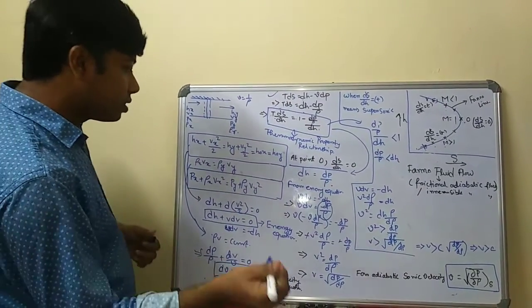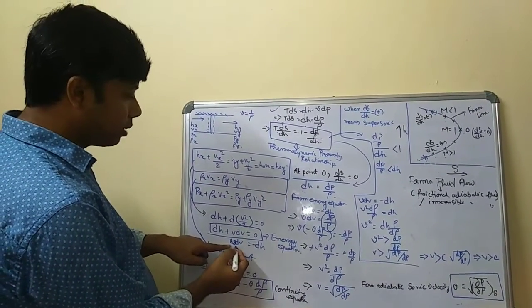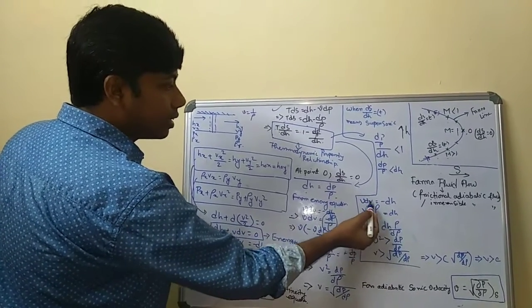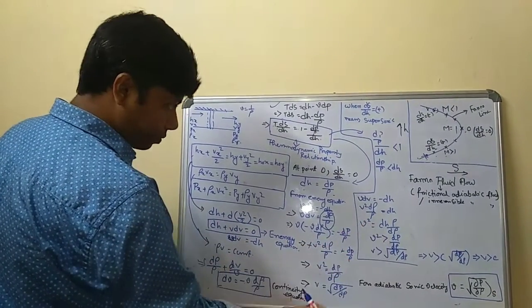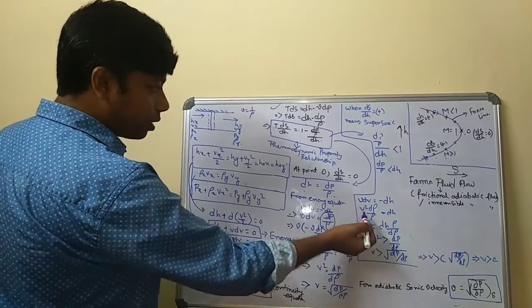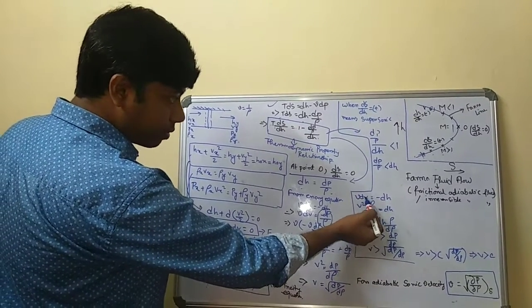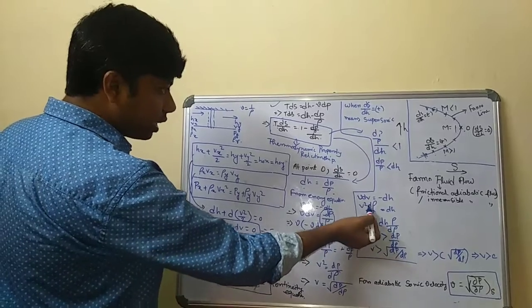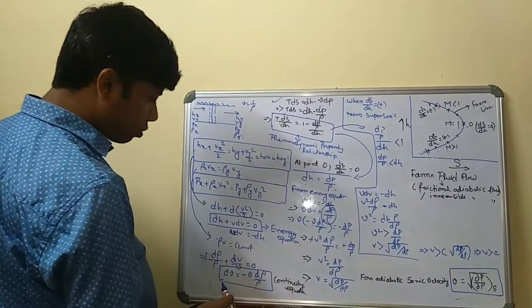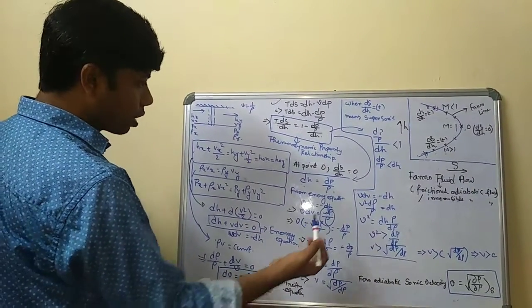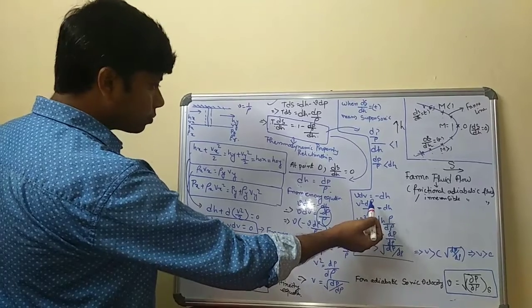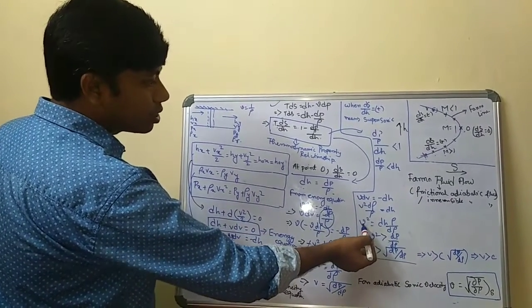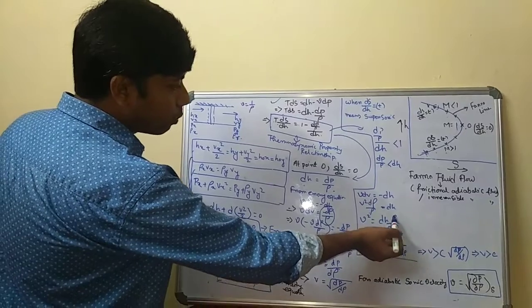From the energy relationship, you know that v dv is equal to minus dh, and dv is equal to d rho by rho. So v square d rho by rho is equal to dh, and v square is equal to dh into rho by d rho.